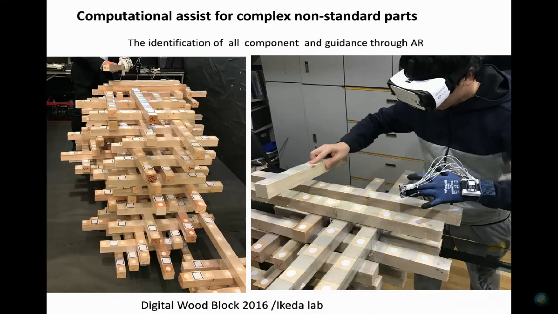So after we showed that model, the most typical criticism of that idea was the unnecessary human effort to manage unique parts. The complex layout exceeds the human ability to recognize the difference of parts and memorize all the relative locations.